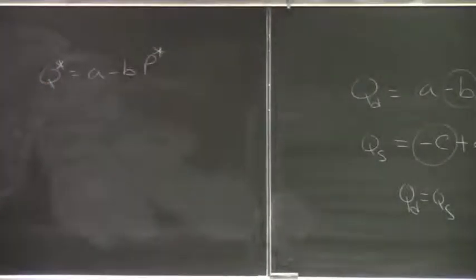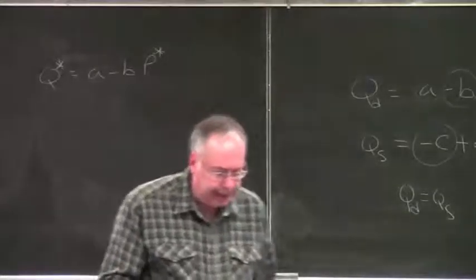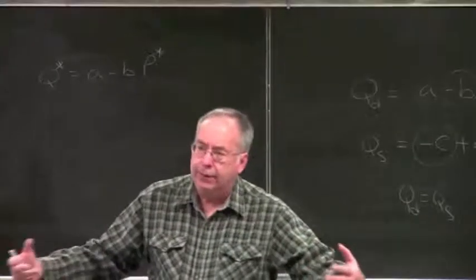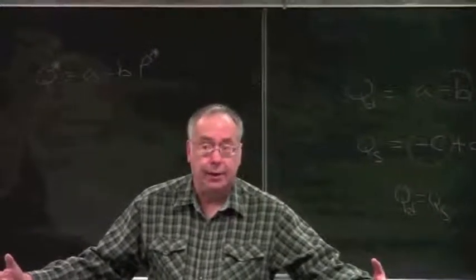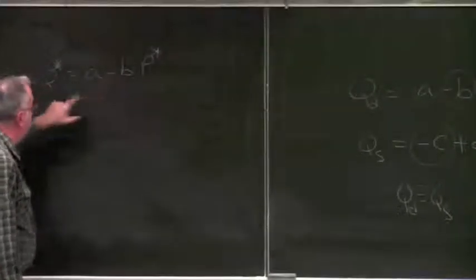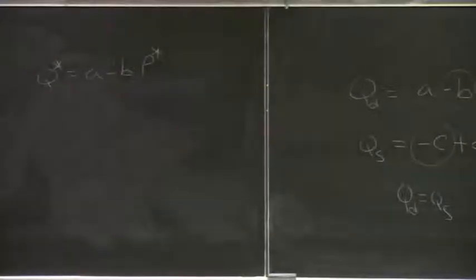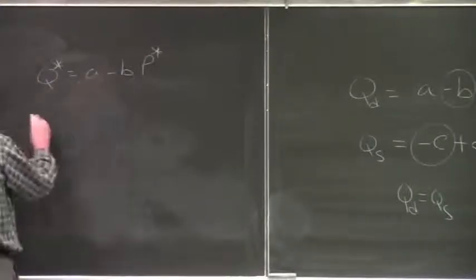Now the reason this worked is if you're at the equilibrium price, then that's going to give you the equilibrium quantity, whether you substitute into either demand or supply. So you know if you substitute in the equilibrium price, that's going to give you Q star. Now we know what P star is in terms of parameters, because we just solved for it. So all you have to do is substitute in for P star.